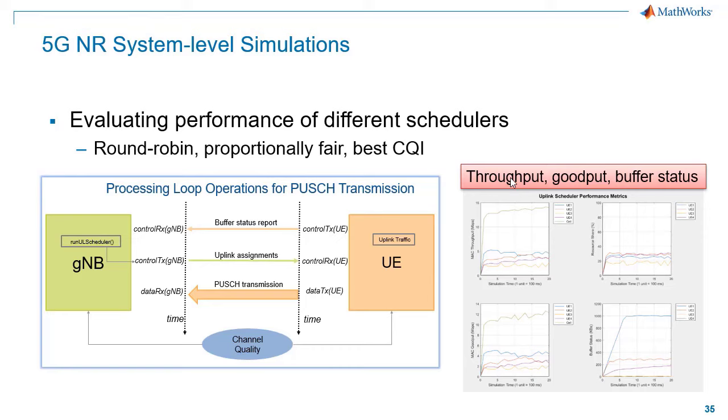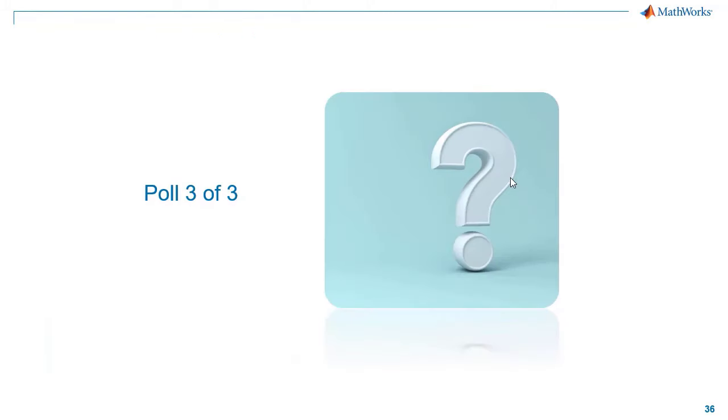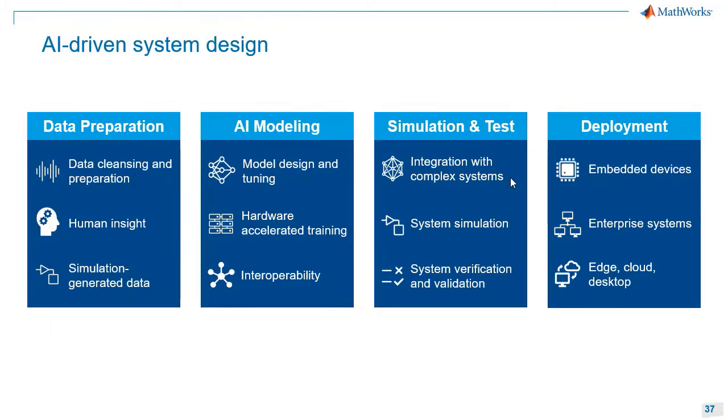But different schedulers are important elements to allocate different resources, even the modulation and coding scheme, depending on channel conditions. And we have in the 5G toolbox the beginning of system level simulation with very simple schedulers as well as the techniques to allow you to make it as complicated as you like.